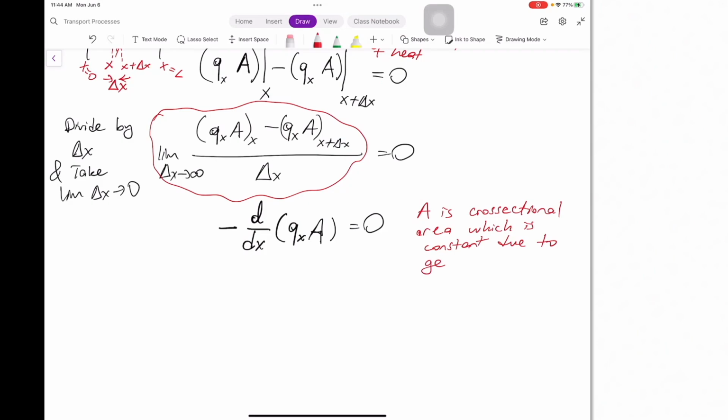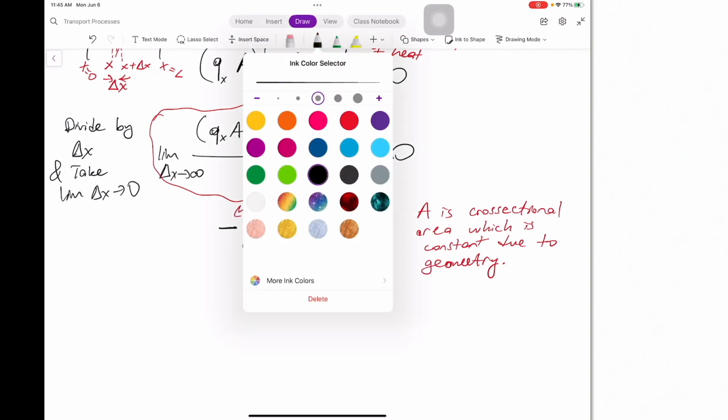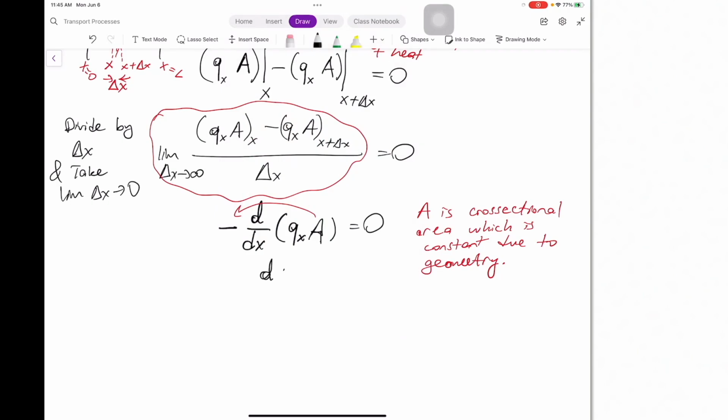This is a slab, it's not a sphere, so A is constant. Right? So you can take the A out of the derivative and equate it to 0, and then you have d qx over dx is 0. From here you find that qx is constant, because only the derivatives of constants are 0, right?